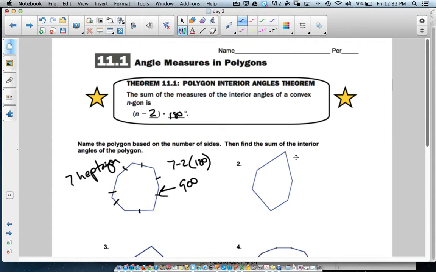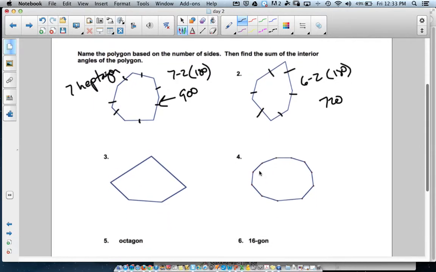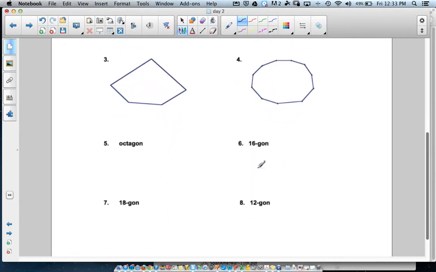We can do the same thing for a hexagon, which has 6 sides. So 6 minus 2 times 180 is 4 times 180, which is 720. So we get the idea there. Now number 4, we can count 1, 2, 3, 4, 5, 6, 7, 8, 9, 10, 11.